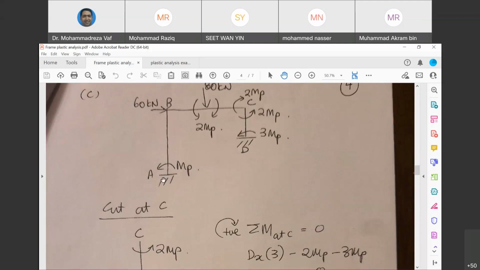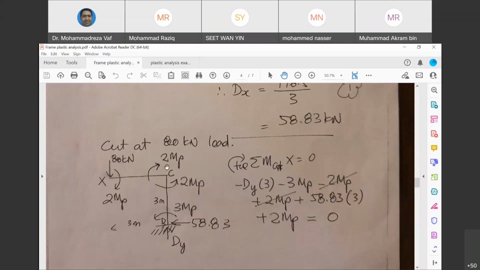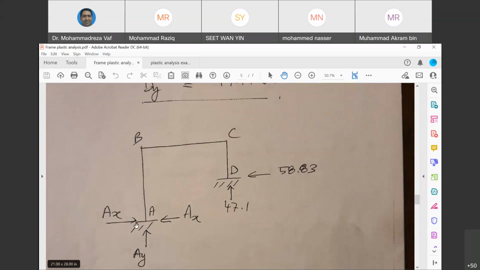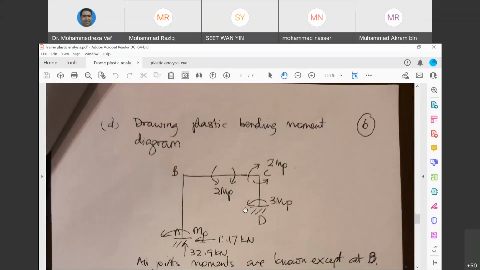Then we can calculate the support condition at point A as well. This is again the continuation of the same calculation to get Dy. After you calculate Dx and Dy, you can easily calculate Ax and Ay as well. And these are the values that we have obtained for the support reactions.